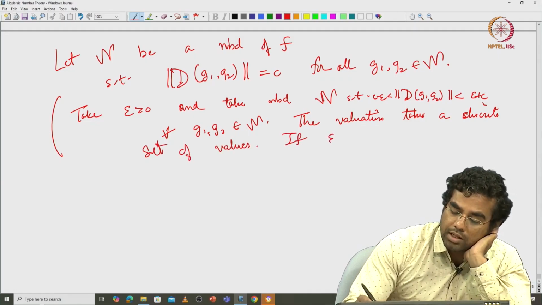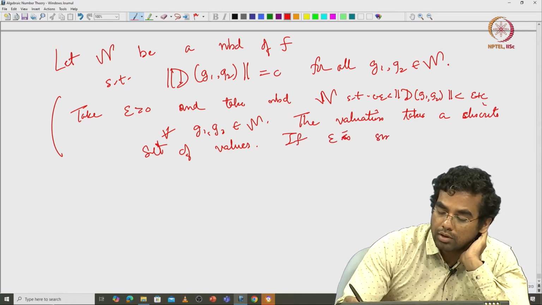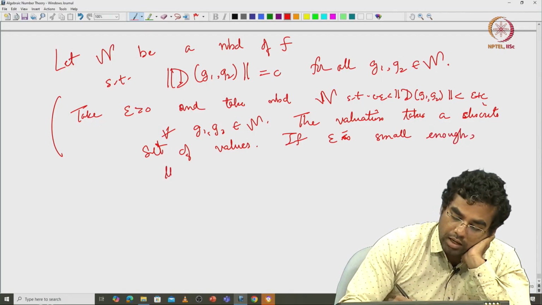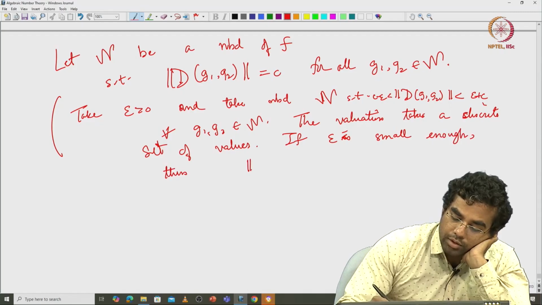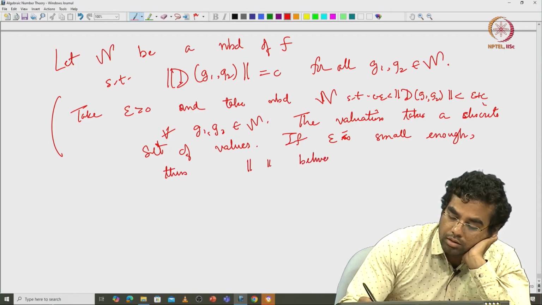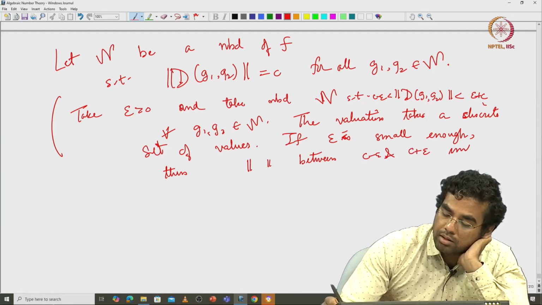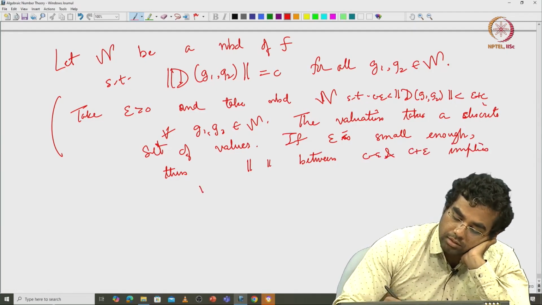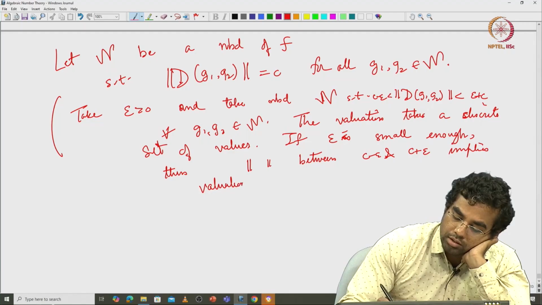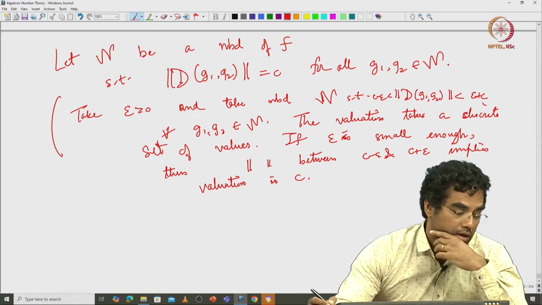So, if epsilon is small enough, then valuation between C minus epsilon and C plus epsilon implies valuation is just C, right.